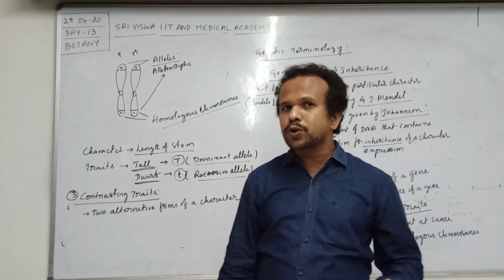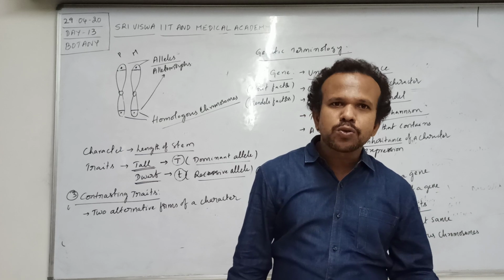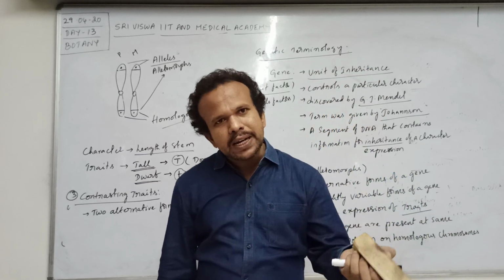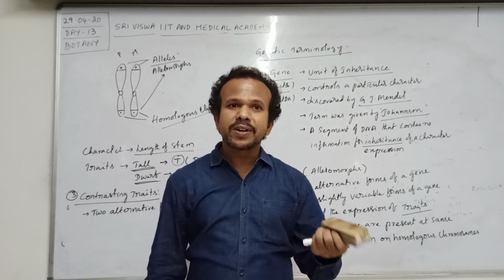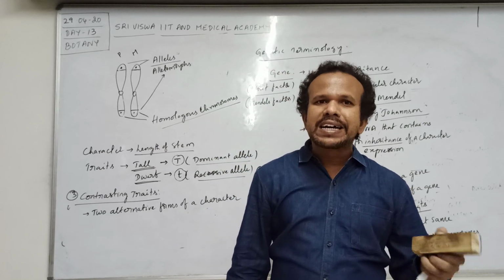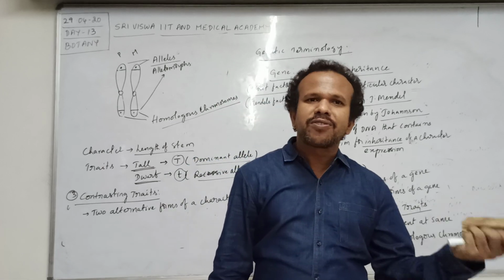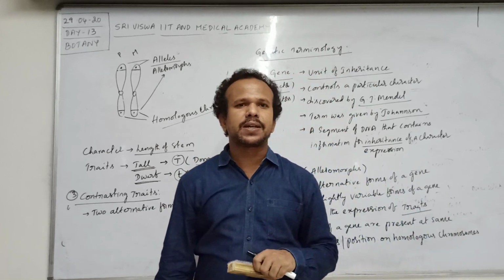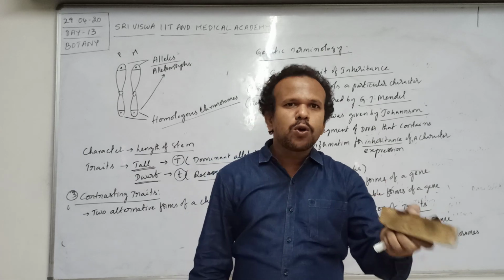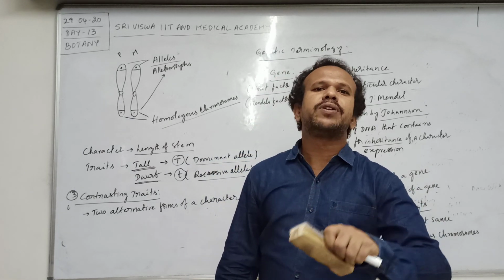With reference to the position of the flower, axial and terminal. With reference to the color of the flower, violet and white. With reference to the color of the pod, green and yellow. Shape of the pod, inflated and constricted. Color of the seed, yellow, green. Shape of the seed, round, wrinkled.